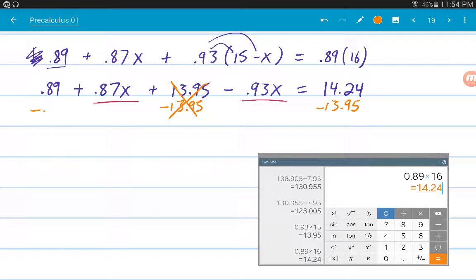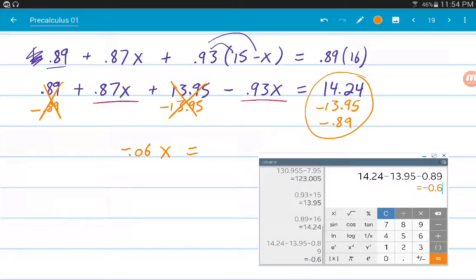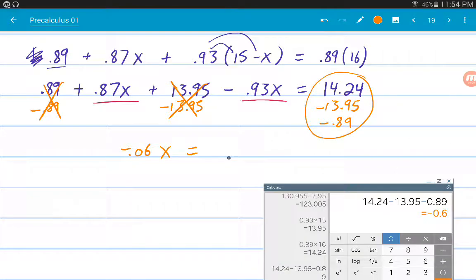I'm also going to subtract 0.89 from here as well, so that can cross out. 0.87x minus 0.93x is going to be negative 0.06x, which is equal to 14.24 minus 13.95 minus 0.89 equals negative 0.6.